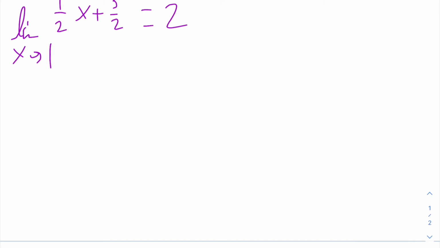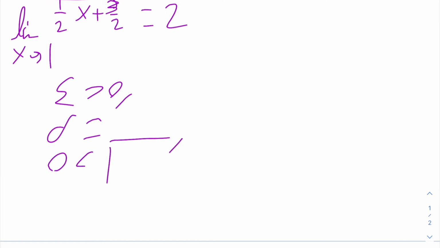So again, I guess we can state our definition for this specific case if we want to, but it's a little long, and by now it should be relatively obvious what to plug in where. So let's just state our givens. Epsilon greater than 0, delta, we will figure this out, and this hypothesis: the distance between x and 1 is less than delta and greater than 0.